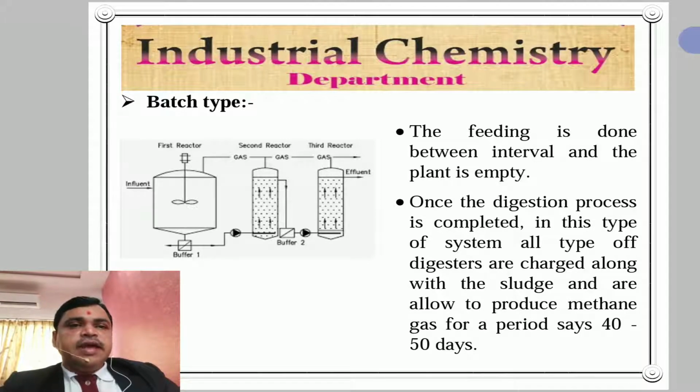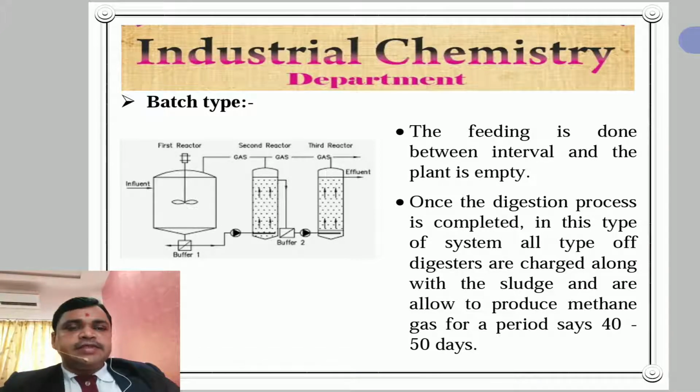Now in a batch type biogas plant, the feeding is done at intervals and the plant is empty. In continuous, feeding and output are a continuous process. But in batch type, feeding is done, then the acidogenic and methanogenic process takes place.